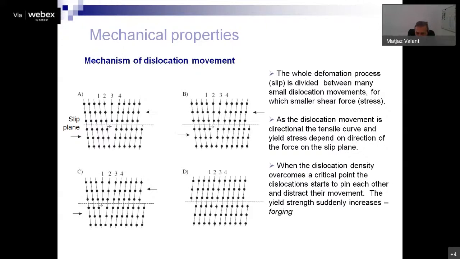Namely, if we introduce a very high number of dislocations into the material, then the dislocations themselves, because they're not necessarily all in the same orientation, start to pin each other, and they would prevent their movement as we have described it here. And from that dislocation concentration on, the material will start to become more and more strong.